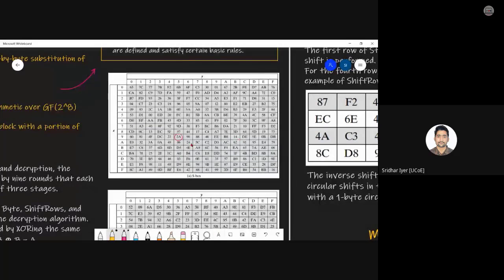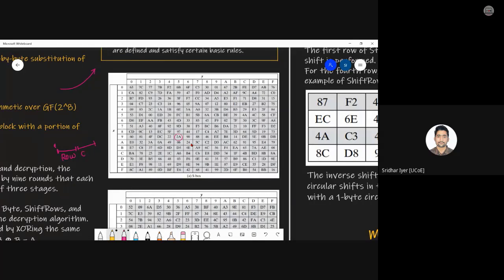So it is nothing but a 16 by 16 table over here. What we need to do is divide the byte into the first 4 bits and the last 4 bits. The first 4 bits of your byte will be used for the rows, and the last 4 bits of your byte will be used for your column.